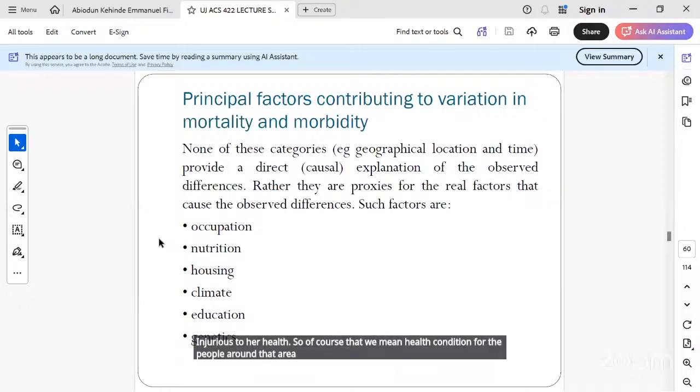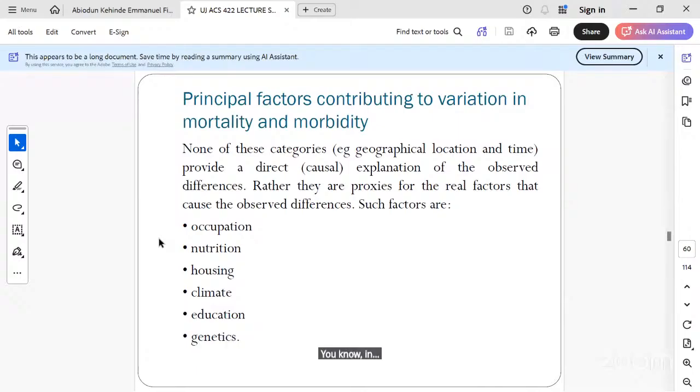So climate is also a major issue in mortality and morbidity experience. Then education, like I said, someone that is well educated is likely to live a decent life.